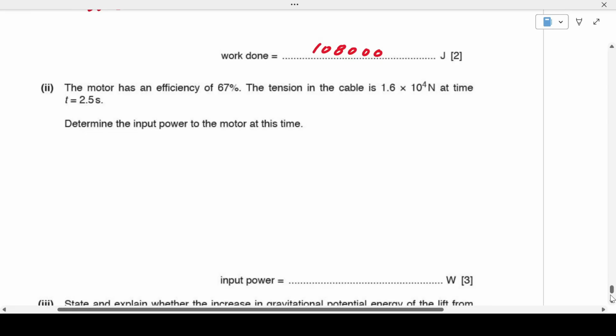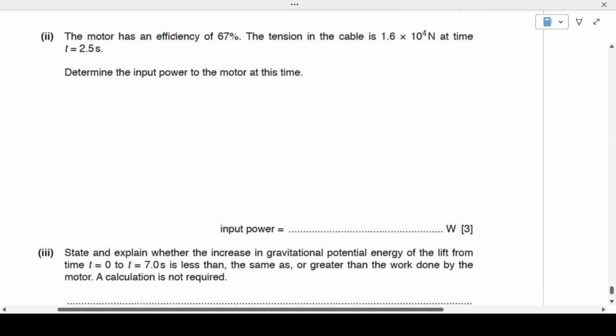Both should be acceptable. Okay, the last one, motor has efficiency 67%. Tension in the cable is this much. Find the input power. Input power equals force times speed.